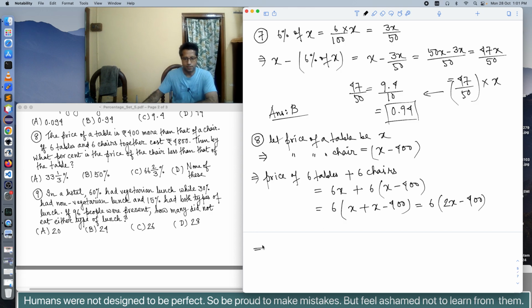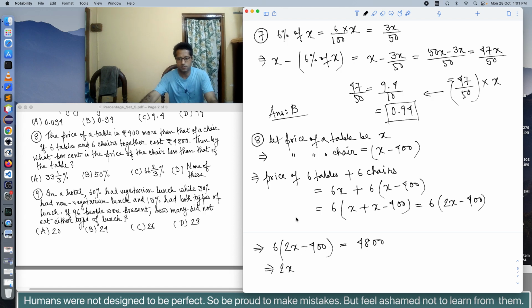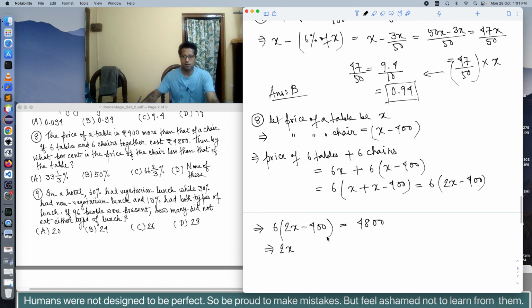Now it is given that the price of 6 tables and 6 chairs is 4800, so 6 multiplied by 2x minus 400 must be equal to 4800. This is a linear equation in x, and we can easily find the value of x, which will be the price of a table.